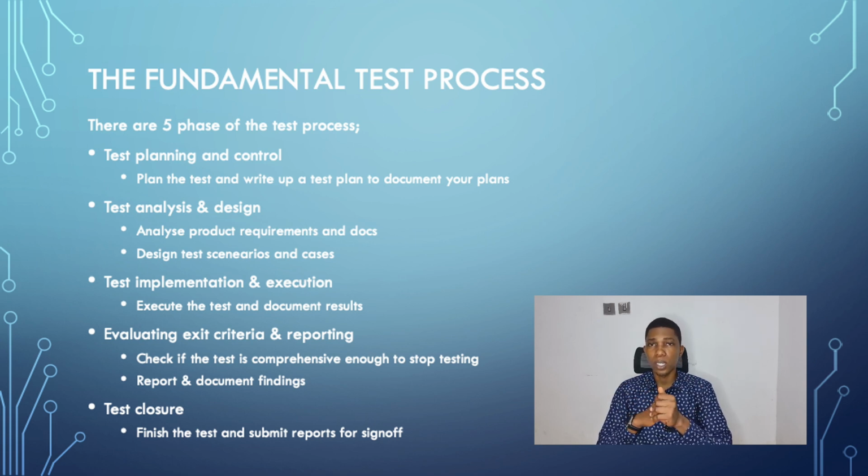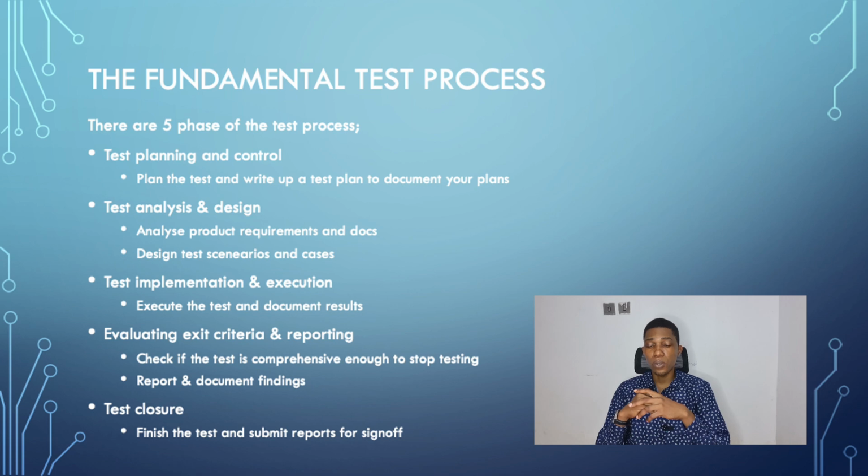So we're going to move over to the next one, test analysis and design. In this stage, you analyze the product, you analyze the software, you analyze how the test is going to go. It involves identifying test conditions and review of the test basis. It involves review of the product requirements, architectural design specifications, and interfaces between the products.